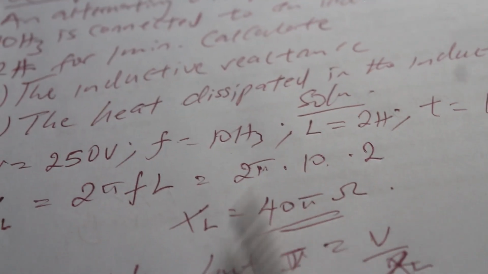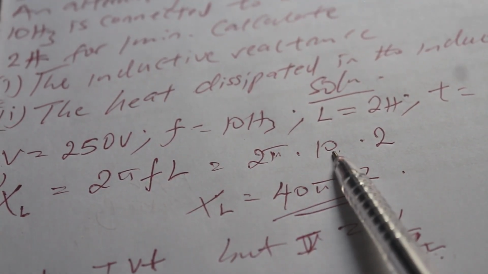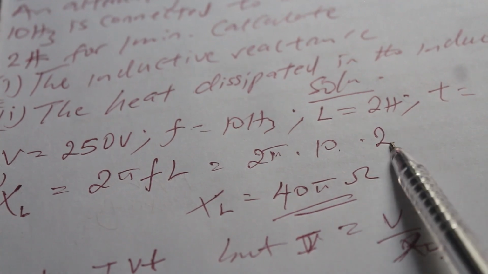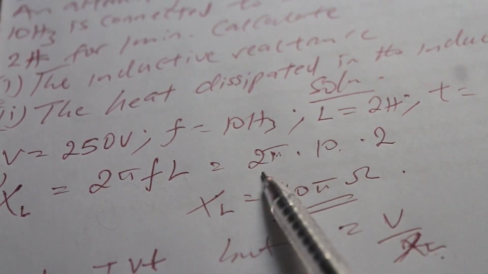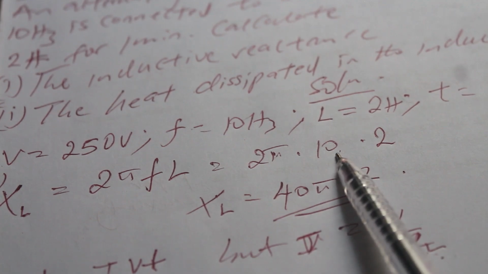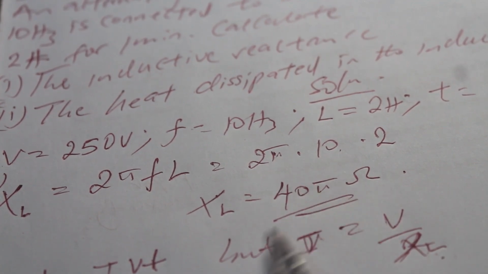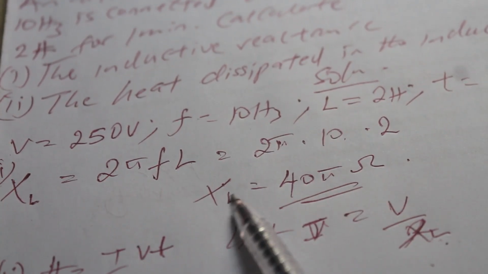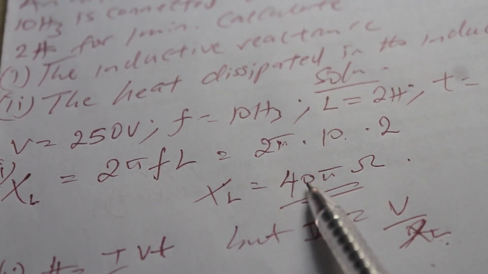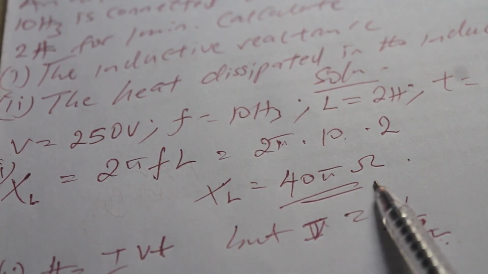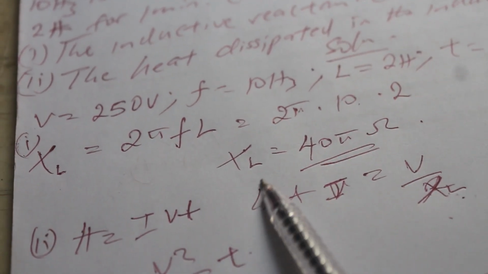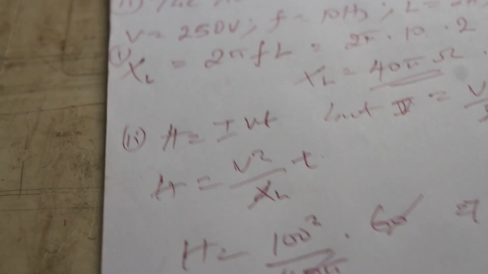Anyway, let's continue. So here we have 2 pi, what is F? F is 10 hertz multiplied by 2 henries. Of course, 2 times 2 is 4. 4 times 10 gives us 40. Then bring a pi here. That brings us to 40 pi ohms as being the value of the inductive reactance.